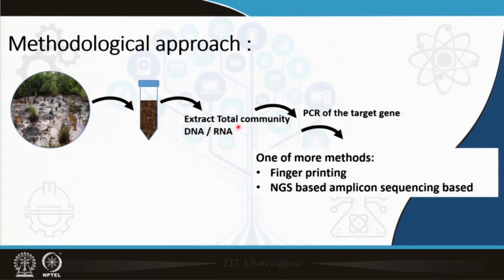I will come to this point, why do we need to have a PCR reaction over here. Once the PCR reaction is done, we get a product. And then one of the few methods that are available, that is basically the fingerprinting methods or the next generation sequencing based methods, are applied to identify and determine the relative abundance of the target gene, the different target genes.